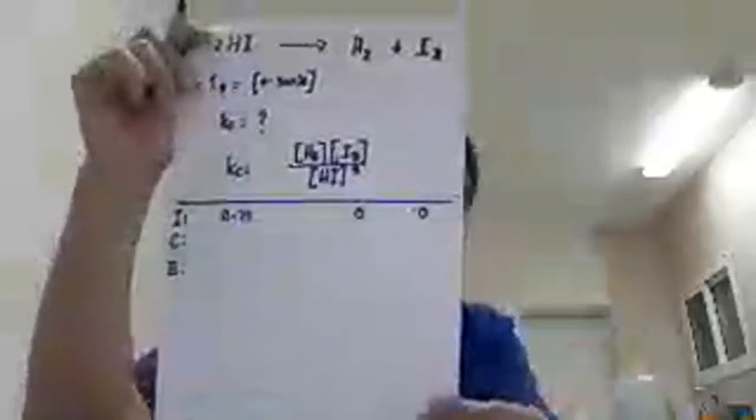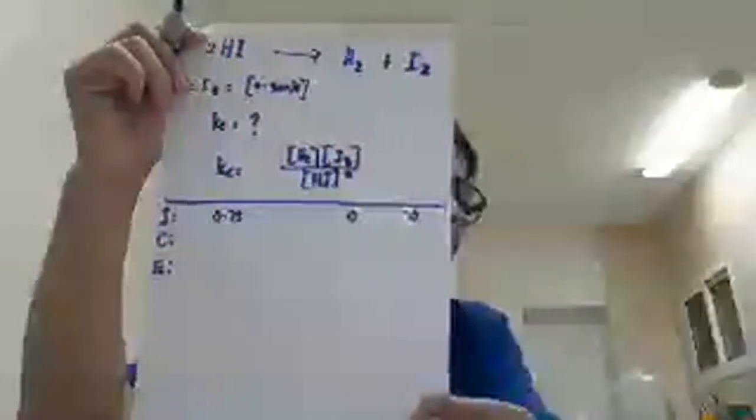I2 is not mentioned, so 0 still. Our initial will be like this: 0.75 molar of HI, 0 for H2, and 0 for I2.